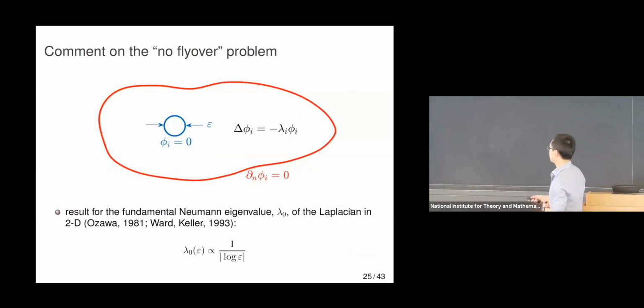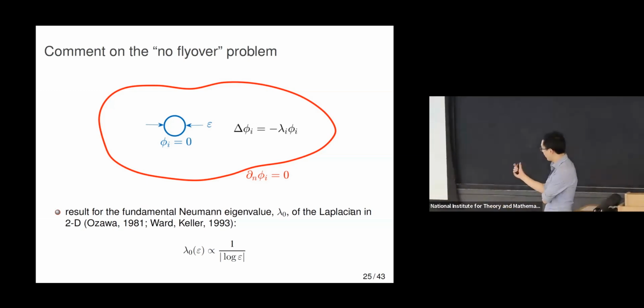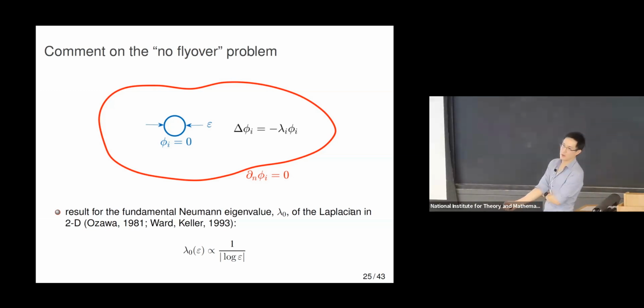So here's that picture. This is the search domain, right? This is the target. You have phi equals 0 on the target, reflective on the search boundary. And there's this well-known result that for the fundamental eigenvalue, I guess here it's the largest lambda, lambda here scales as 1 over log epsilon.